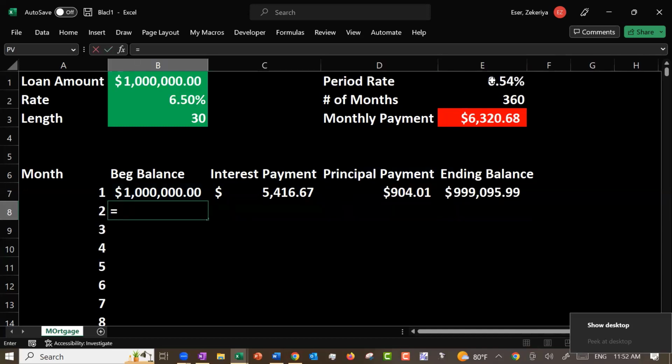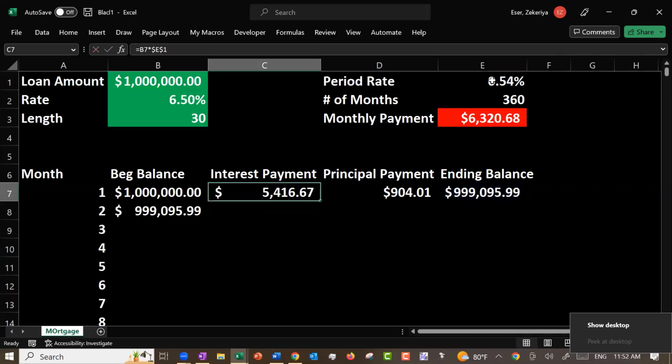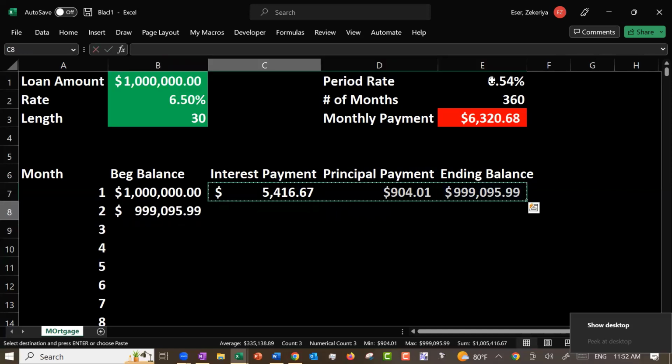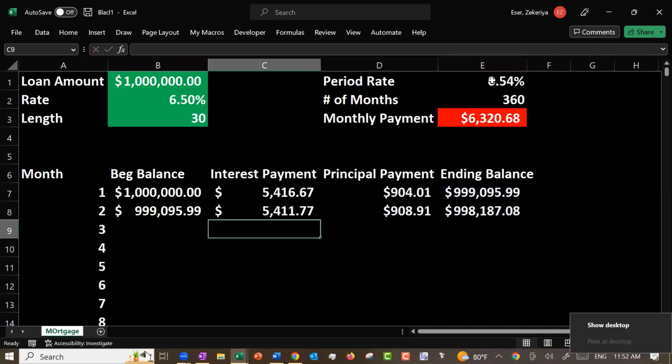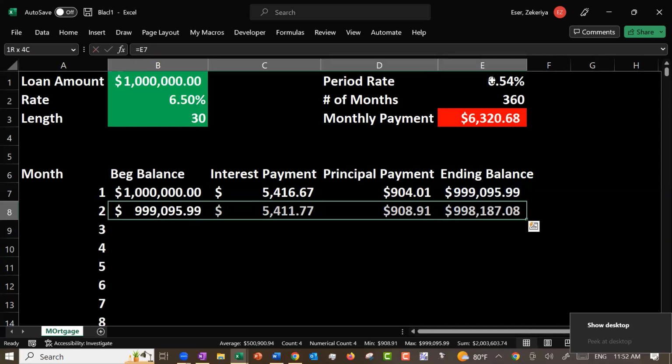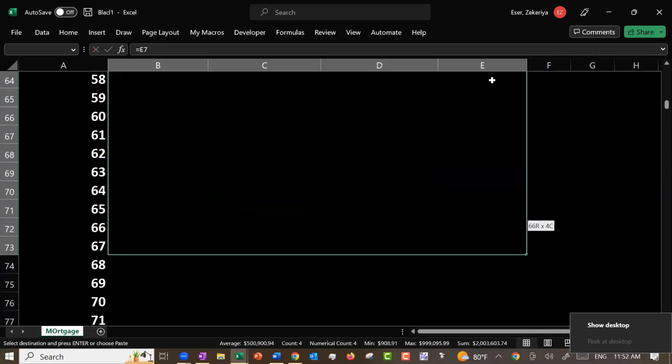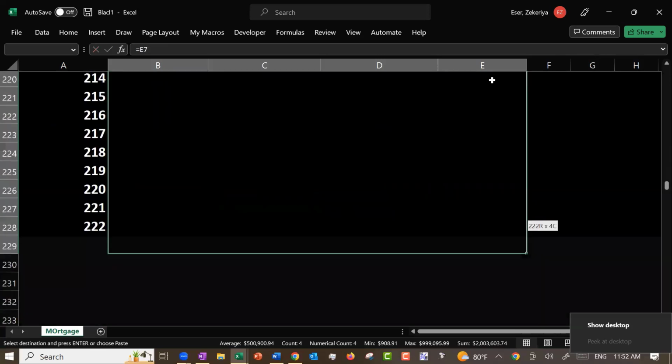So next month beginning balance is ending balance of the first. These should be the same. I'm going to do this until 360.